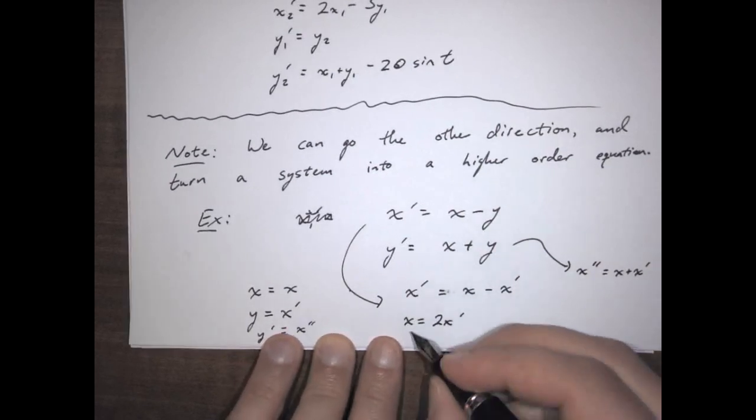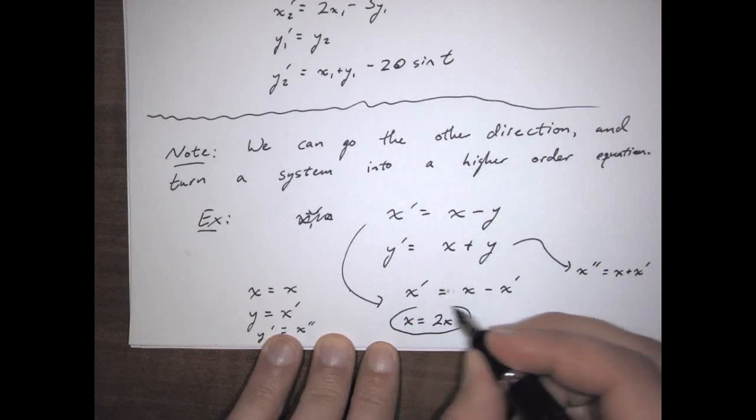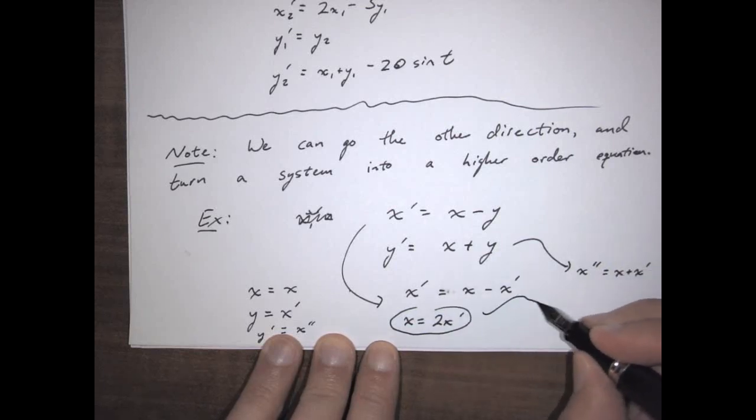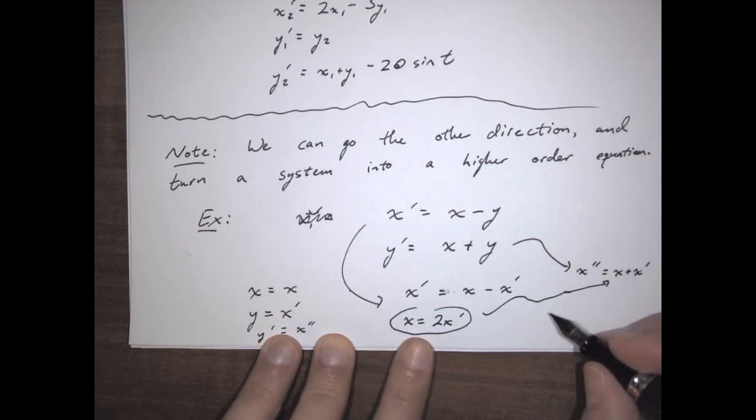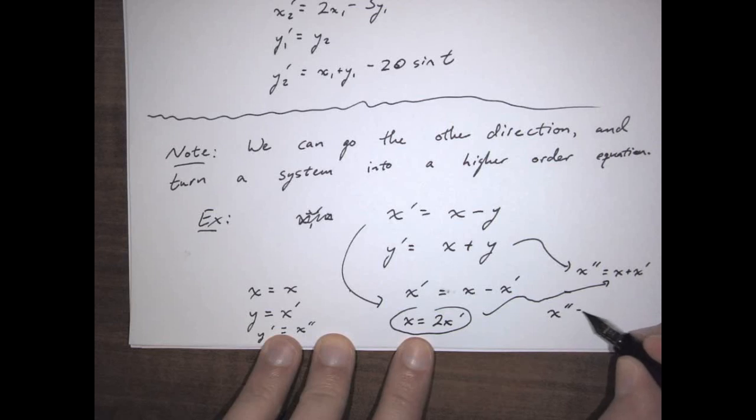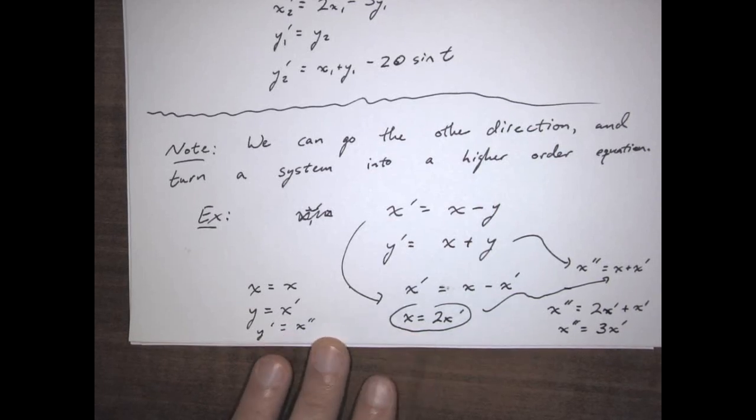And now I can just take this and put that in for just the x here. And I would get x double prime is equal to 2x prime plus x prime. So in other words, x double prime is equal to 3x prime. So we now have a single second order equation in place of our previous system of 2 first order equations.